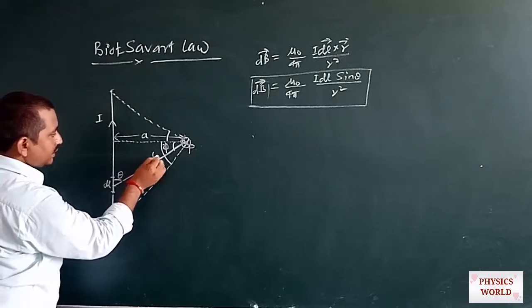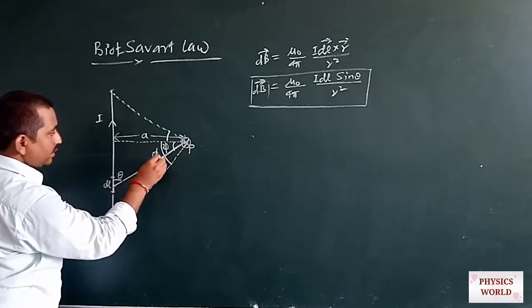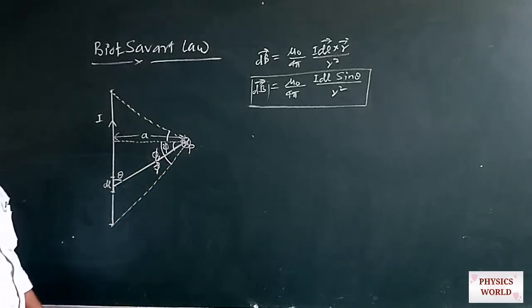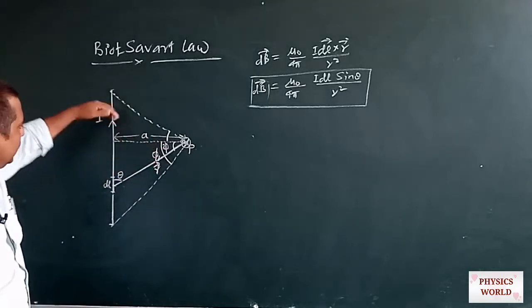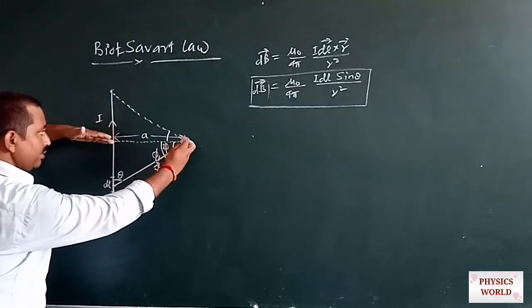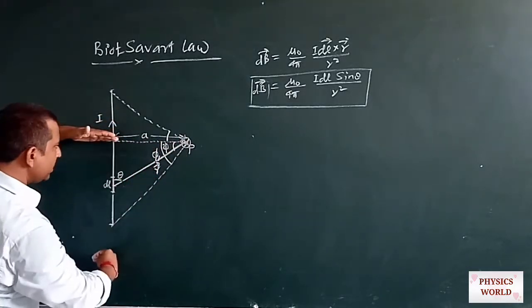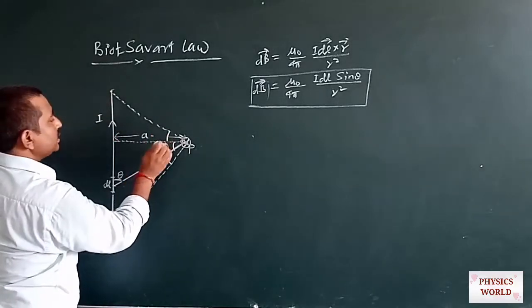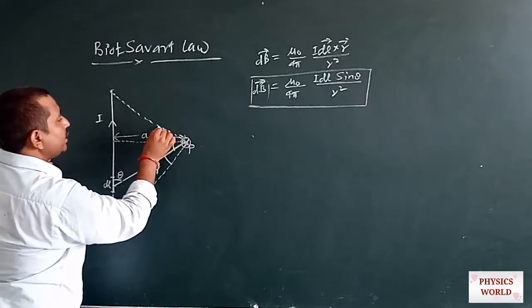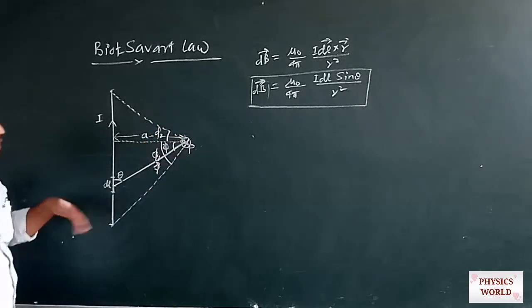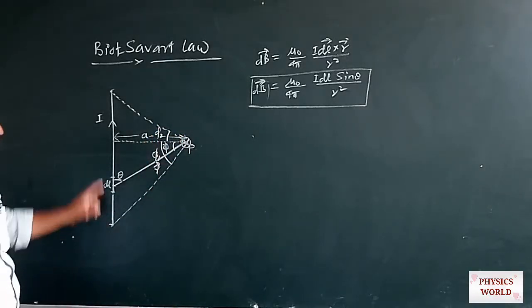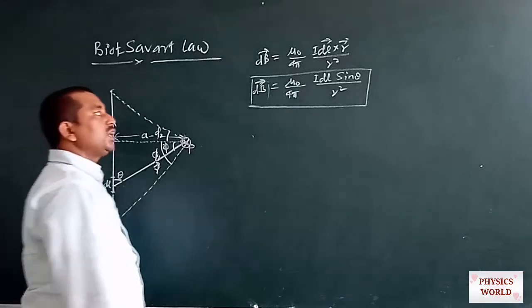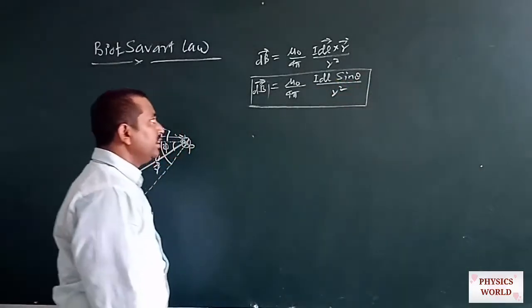So if we take this as phi 1, it means the length of the wire below the perpendicular point makes the angle phi 1, and just above this line makes the angle phi 2. Okay, so we can take the integration from phi 1 to phi 2. So first we have to write this in terms of phi.